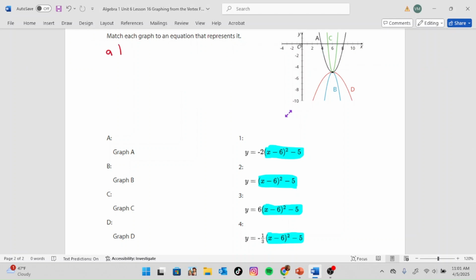So when we talk about the A term, remember, if it's positive, then it opens up.